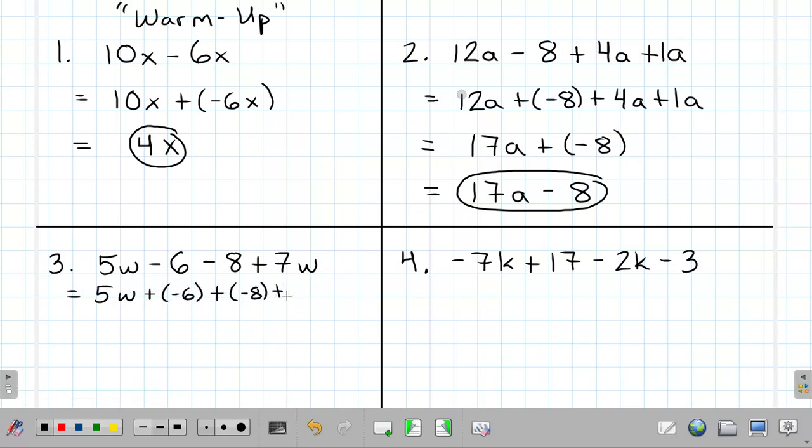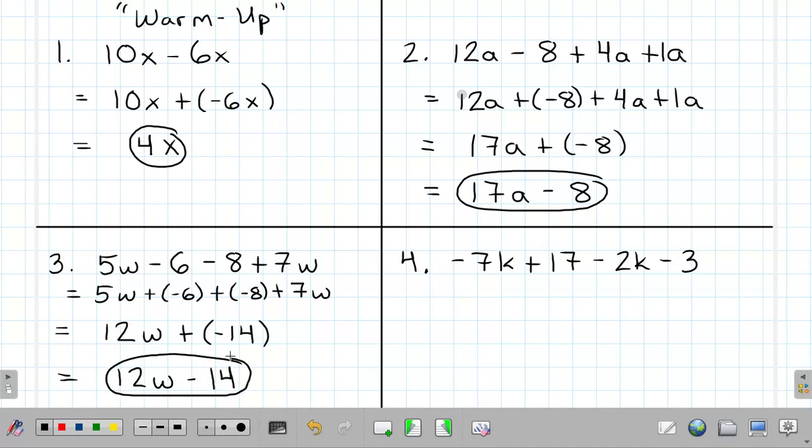What are my terms? What are my coefficients? What am I adding together? So I'm going to add 5 and 7, which gives me the 12w. And then negative 6 plus negative 8, negative 14. And then we have the same thing as up here, plus a negative 14, which is the same thing as 12w minus 14. So this is kind of just a little bit of review from a last section, okay?